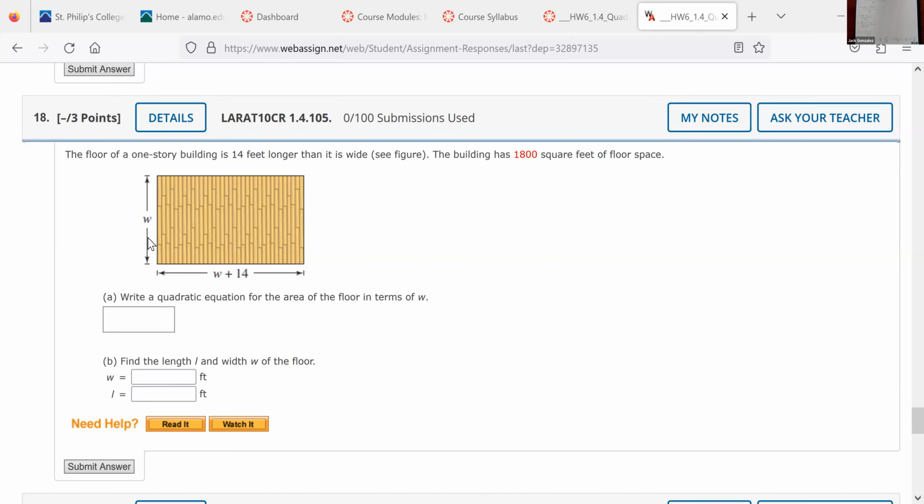So area would be length times width. So this would simply be W squared plus 14W. Right? You guys cool with this one, part A?